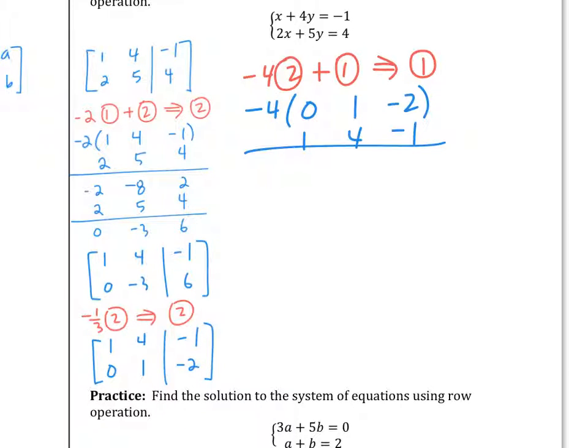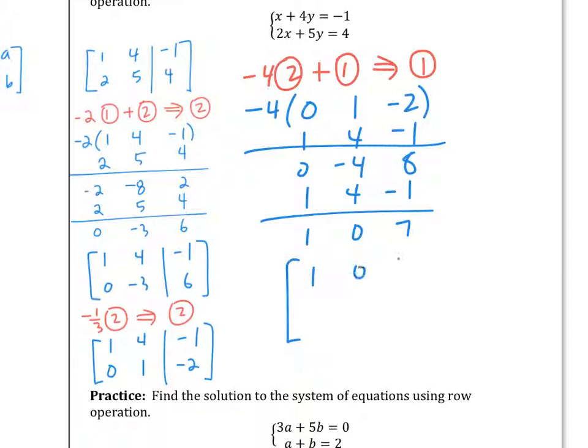All right, so let's do that. So negative, no, that's a 0. Okay, negative 4, 8, 1, 4, negative 1, added together, 1, 0, 7. Replace row 1. 1, 0, 7, 0, 1, negative 2. Done.